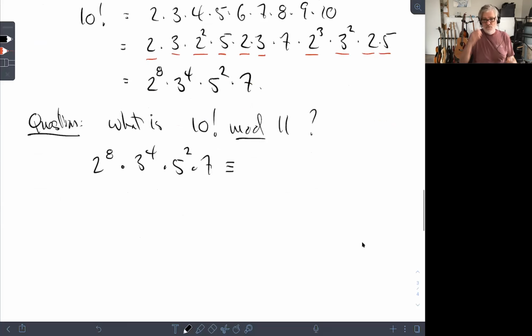I'm going to reduce the factors separately, which I can, right? We know that this behaves well.